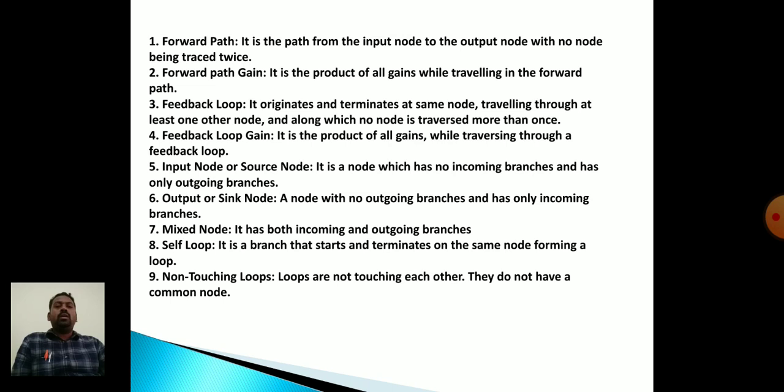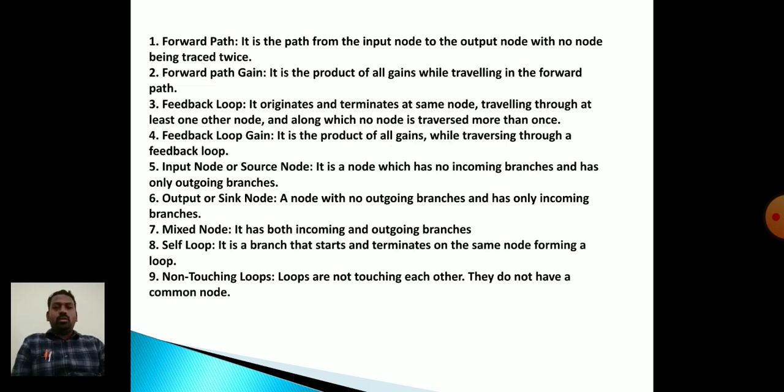There should not be any repetition of a node in a loop. The feedback loop gain is the product of all the gains while traveling through the feedback loop, finally returning to the original node.